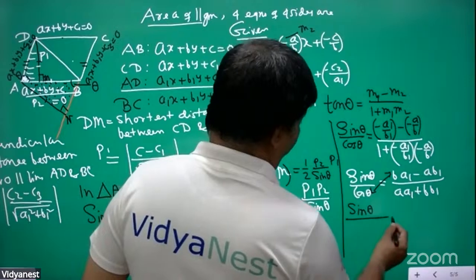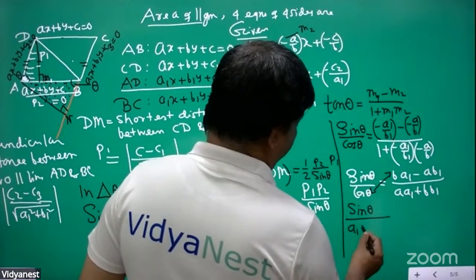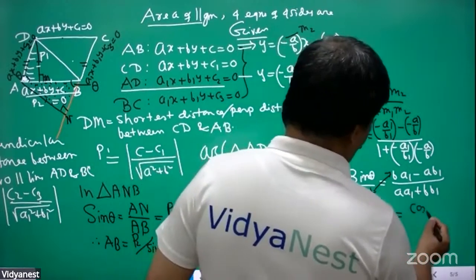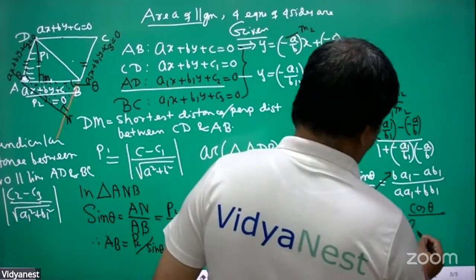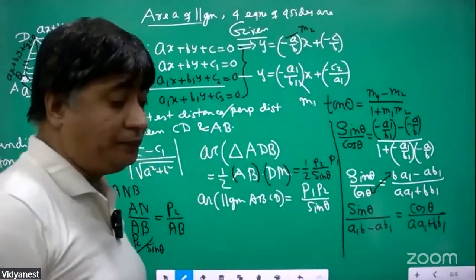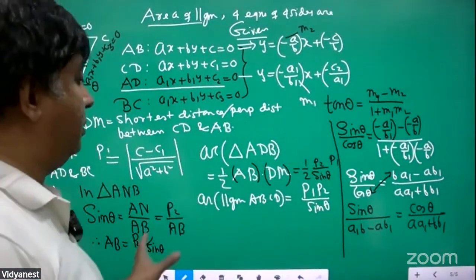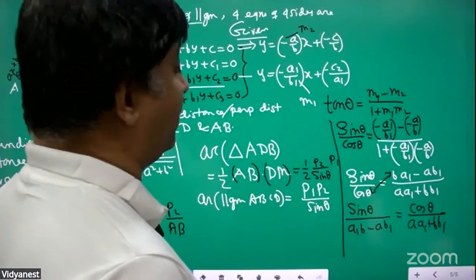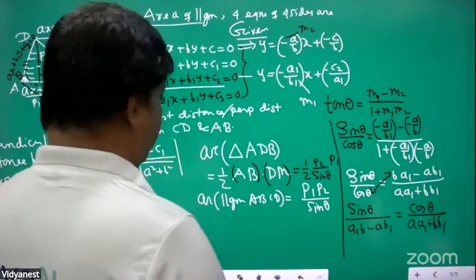Sin theta by cos theta. Now we will use the ratio proportion property properly.